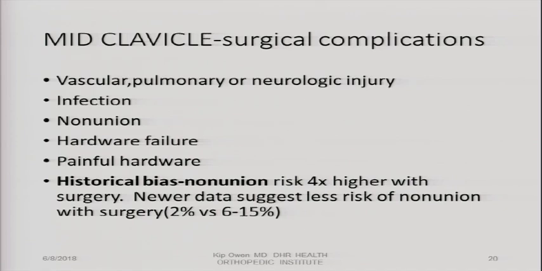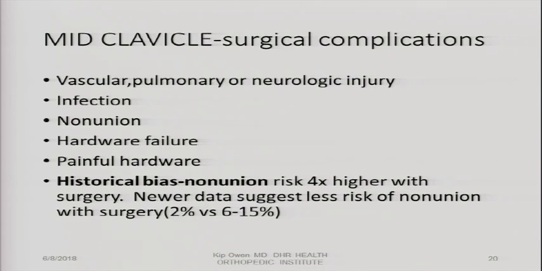There is a bias that was carried through in the country for years. In my generation, coming through orthopedic surgery, we tried to treat every clavicle fracture without surgery if at all possible, because there were old studies that showed there was a 4-time increased incidence of non-union if you operated on the clavicle than if you just let it heal naturally.